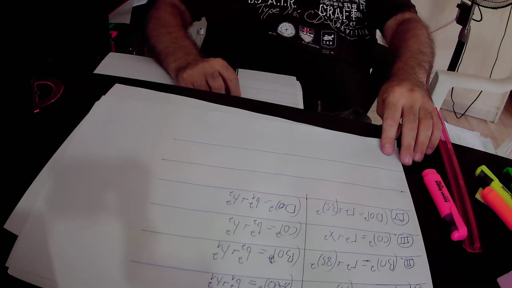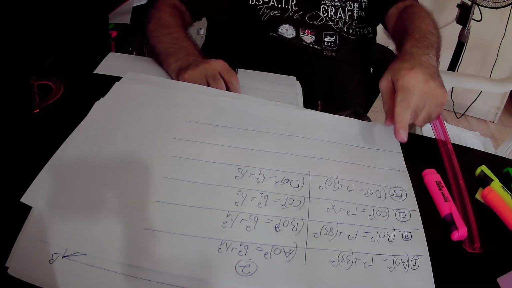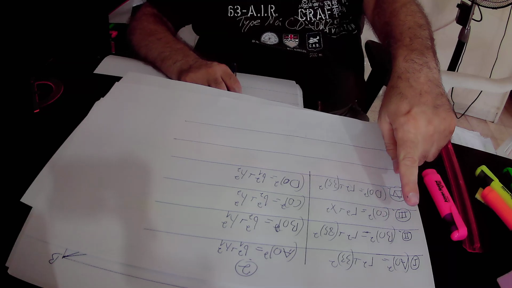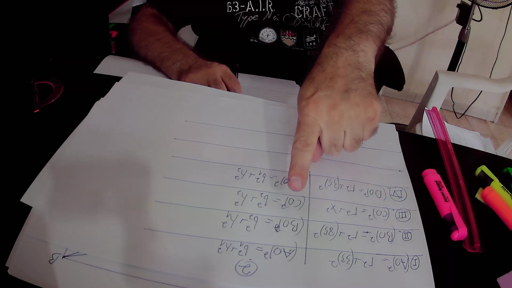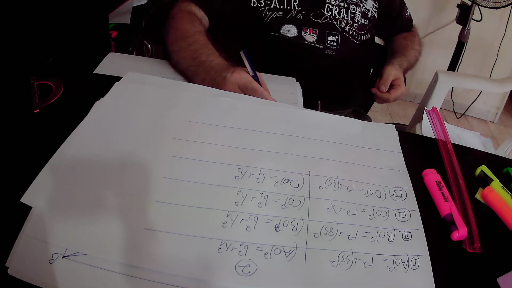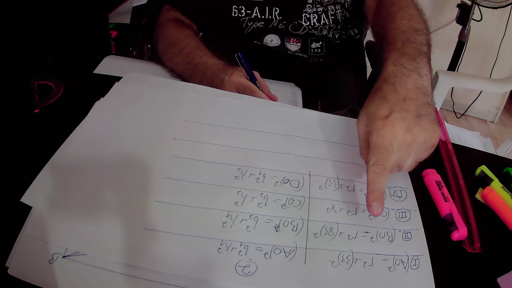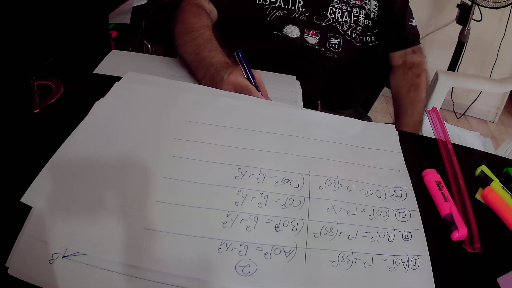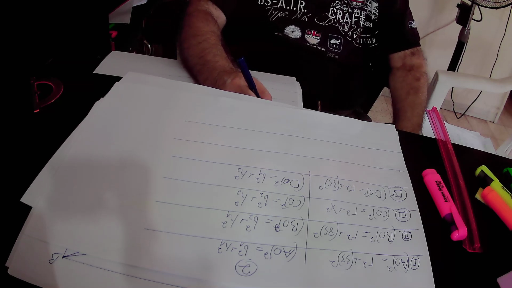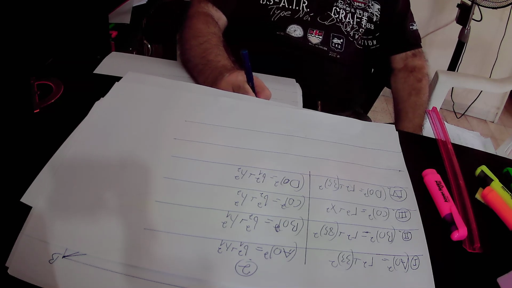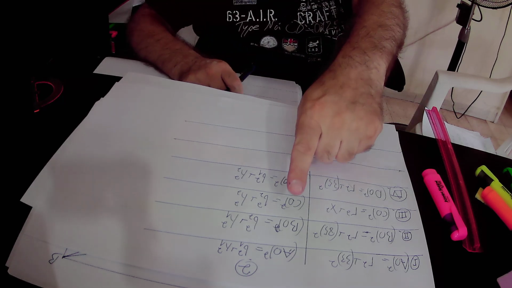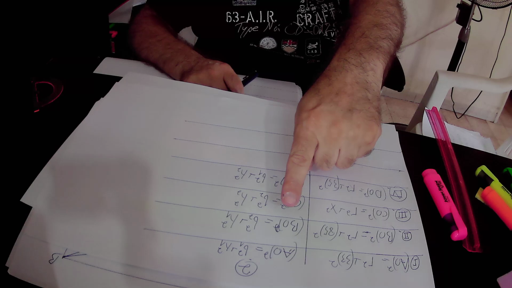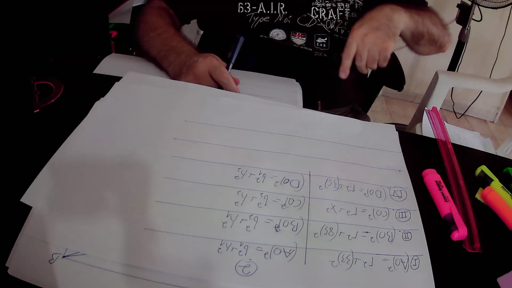Equation number 1 states that AO squared according to equation number 1 must be equal to AO squared according to equation number 2. So AO squared according to equation number 1 is R squared plus 33 squared, and it must be equal to AO squared according to equation number 2, that is actually B1 squared plus H1 squared.